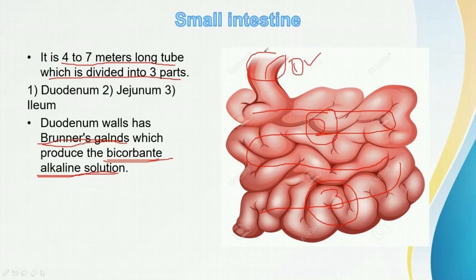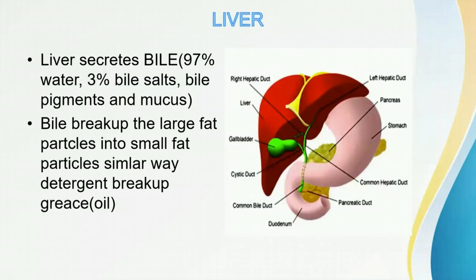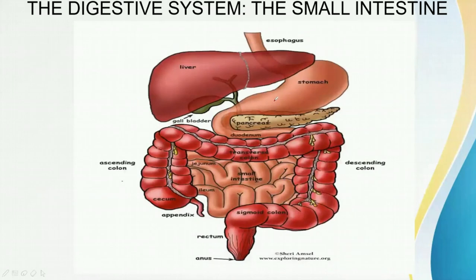Then in the same duodenum part, most of the chemical digestion takes place when the chyme mixes with the solution that comes from the liver, pancreas, and gallbladder. Here, let's have a look at the picture. This is the duodenum part.